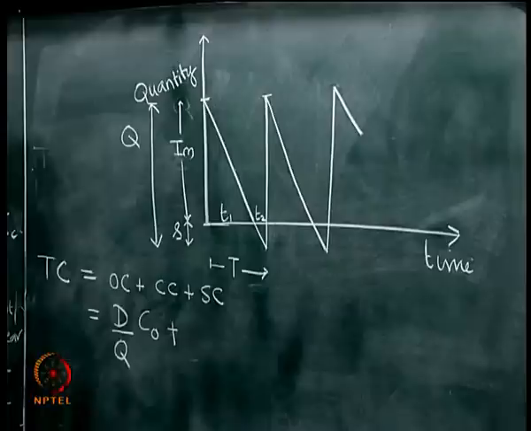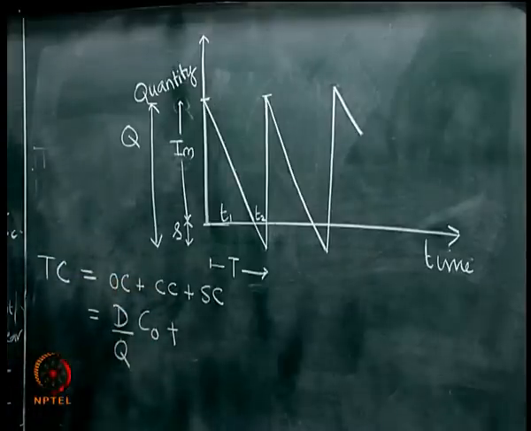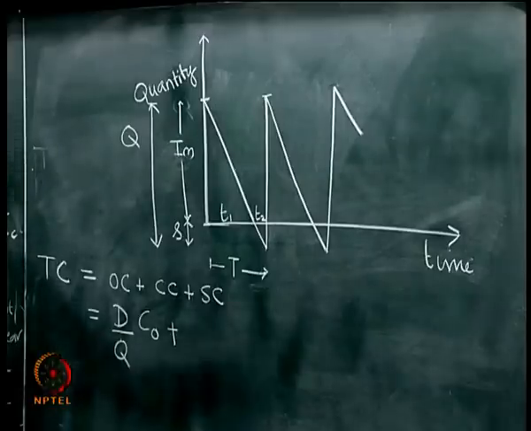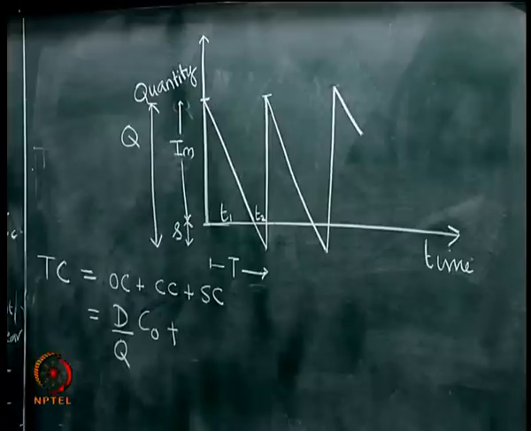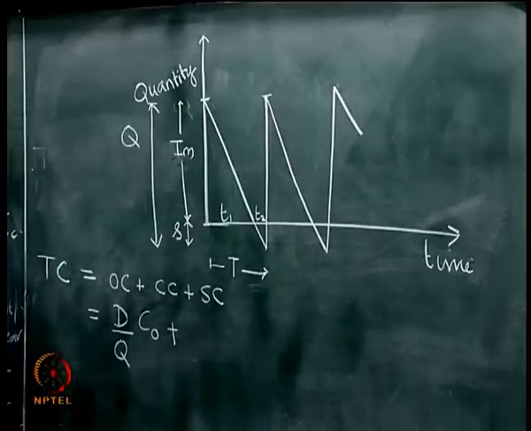Now we need to look at the total carrying cost per year. The general definition is average inventory into the inventory carrying cost. Earlier it was Q by 2 into CC. Now we have to compute the value of the average inventory.